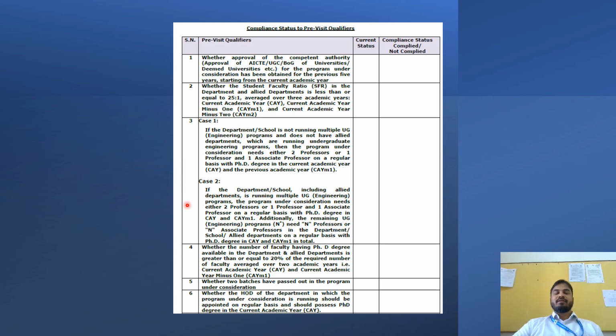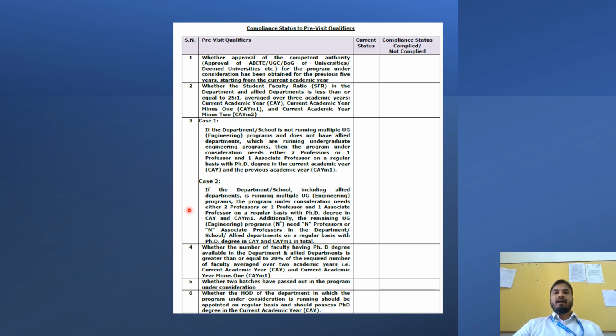In another scenario, if the department or schools that are including cluster departments or allied departments are applying for accreditation, then that should have two professors or one associate and one professor. And similarly, the allied department should also have n number of professors and n number of associate professors with respect to the department that is going for accreditation for current academic year and current academic year -1.